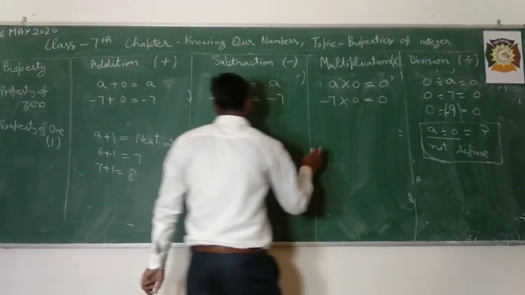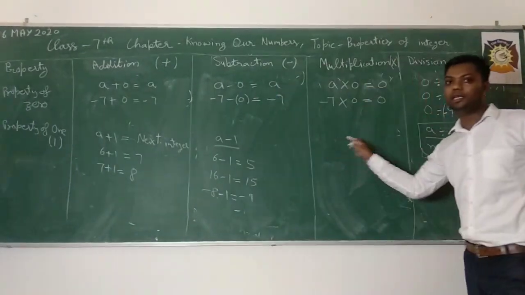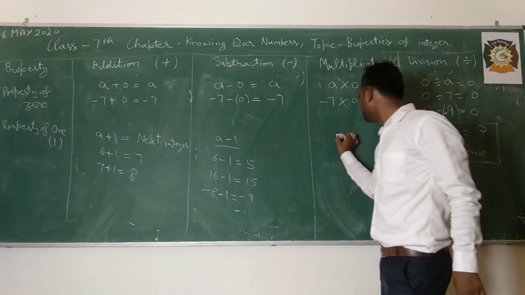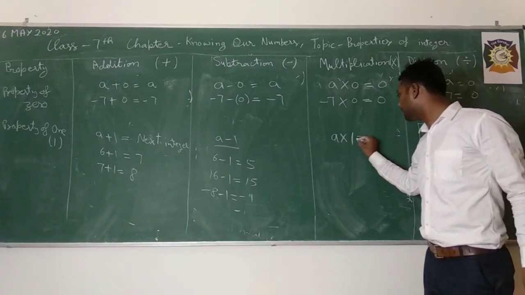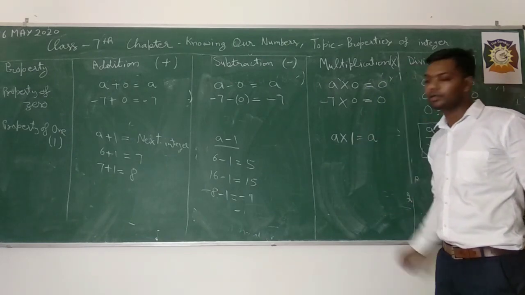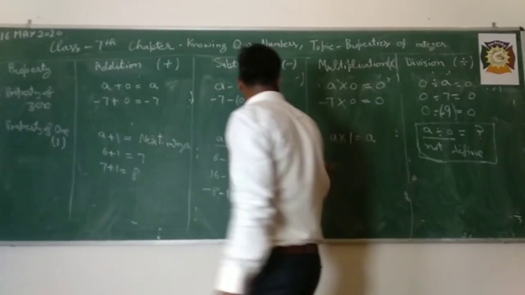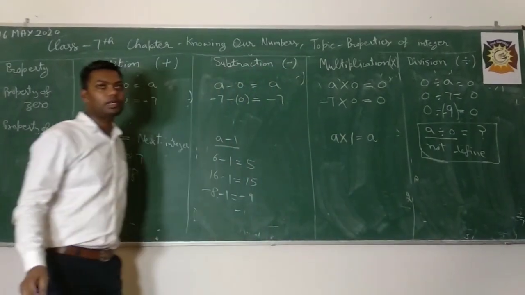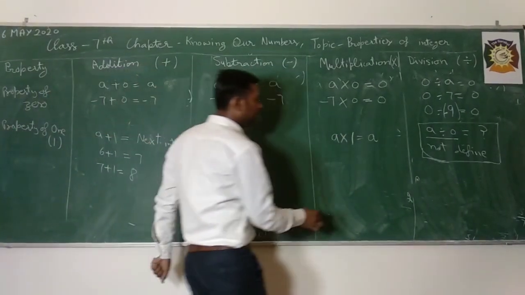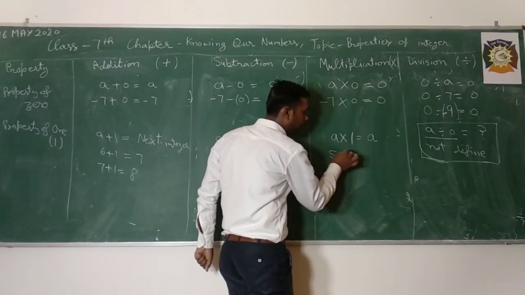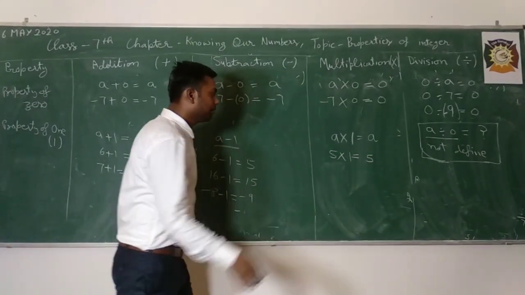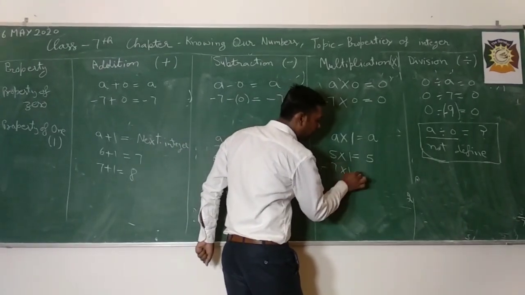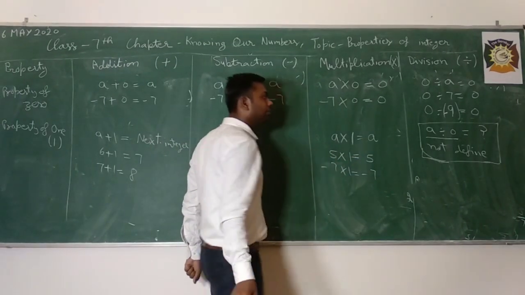But in case of multiplication, if we multiply an integer with 1, we get the same integer. See the example, 5 into 1, that is equal to 5. Minus 7 into 1, that is equal to minus 7.